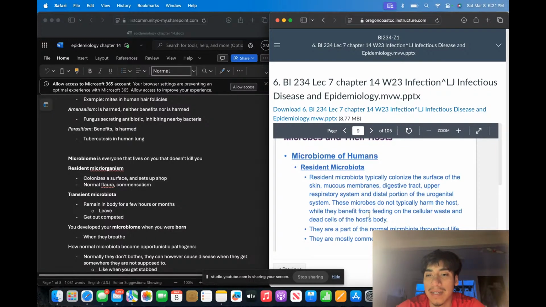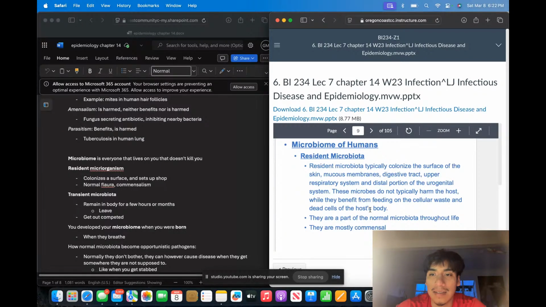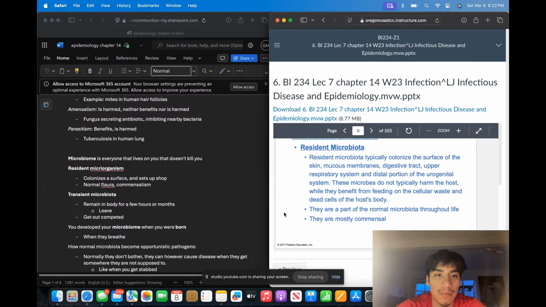This would be an example of commensalism. Like we said, it benefits the bacteria, but it doesn't really benefit the host. They are part of normal microbiota throughout life. I think these are the long-term guys, is a way to think about it.